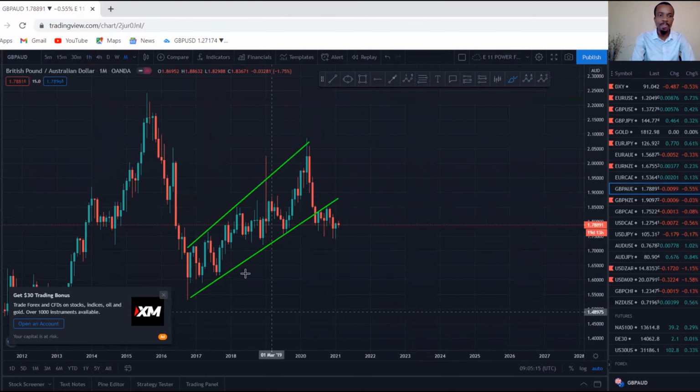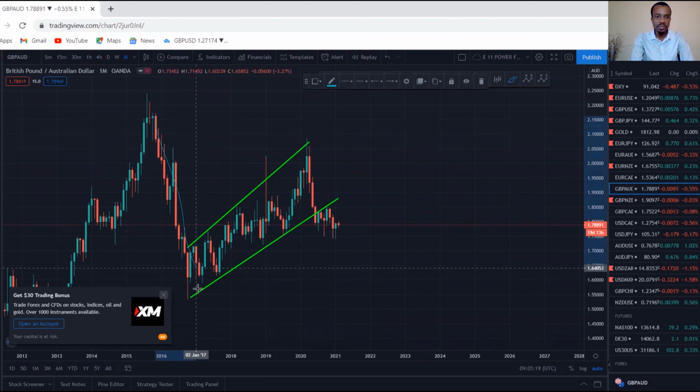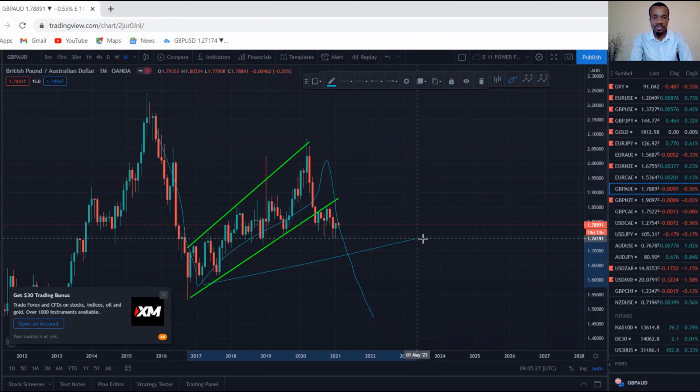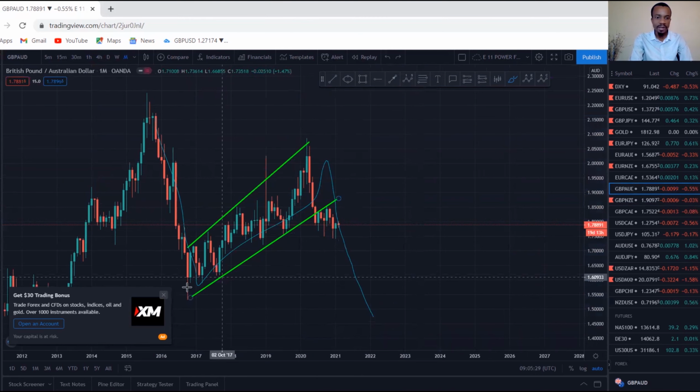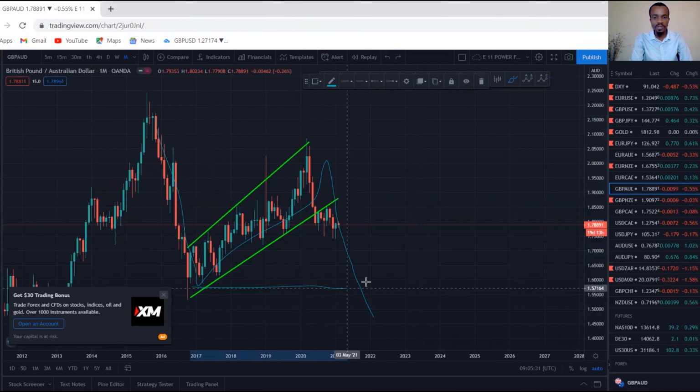From a higher time frame perspective, as you can see, GBPAUD has been pushing to the downside. Then this was a deep correction. Now we expect that price may be pushing to the downside, probably to our 90% rule, or maybe 100%.